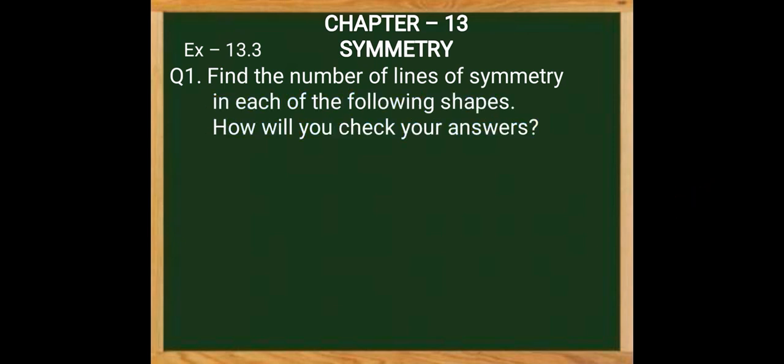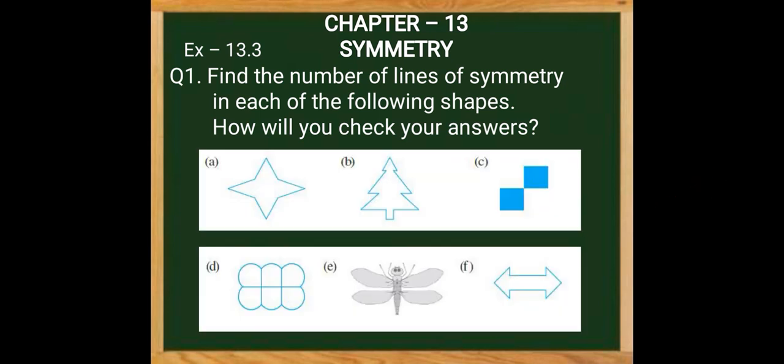How will you check your answer? And these are the shapes. So here we need to tell the number of symmetry lines possible for each of these figures individually. And they even asked us how we will check our answers.